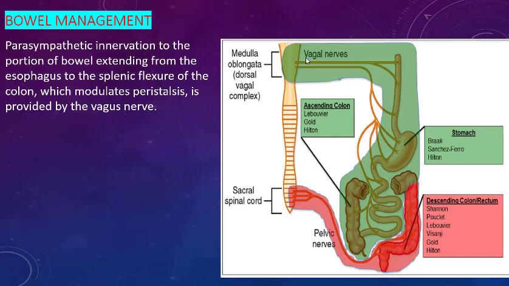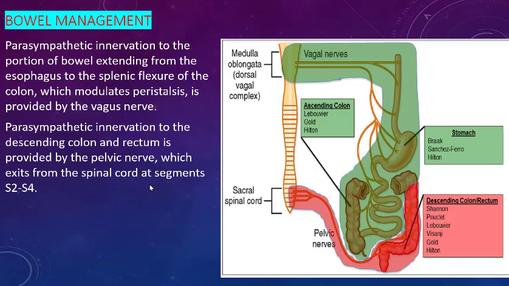You can see that this is the vagus nerve, and it supplies the gastrointestinal tract from the esophagus to the splenic flexure of the large intestine. So the esophagus, stomach, the whole small intestine, the ascending colon and the transverse colon up to the level of splenic flexure is supplied by the vagus nerve.